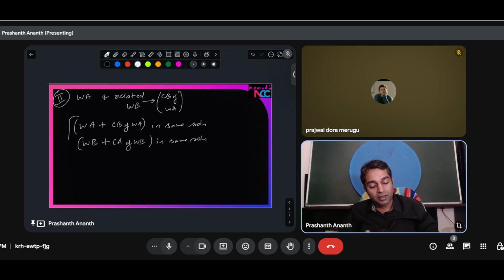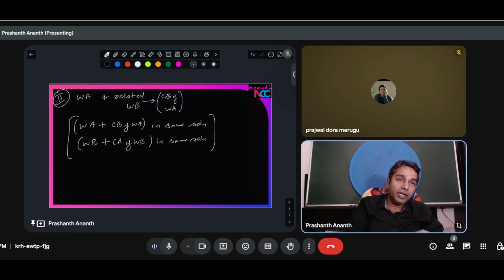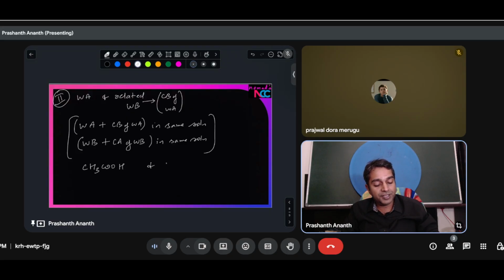Now, in your school, when you are learning it, you will probably learn it as 2 different pieces, but they are actually the same. In reality, if you look at it from this perspective, if I consider say CH3COOH and CH3COO minus, technically look at it like this. This is a weak acid, this is the conjugate base of the weak acid.